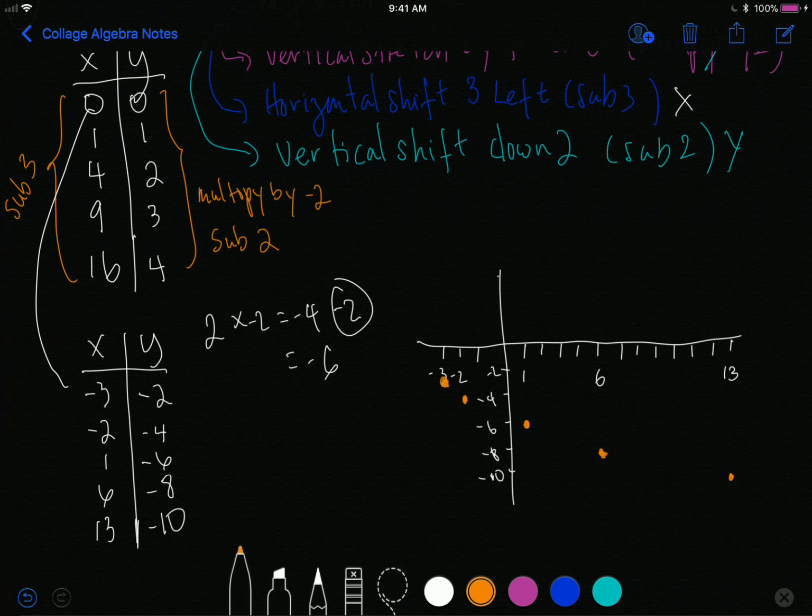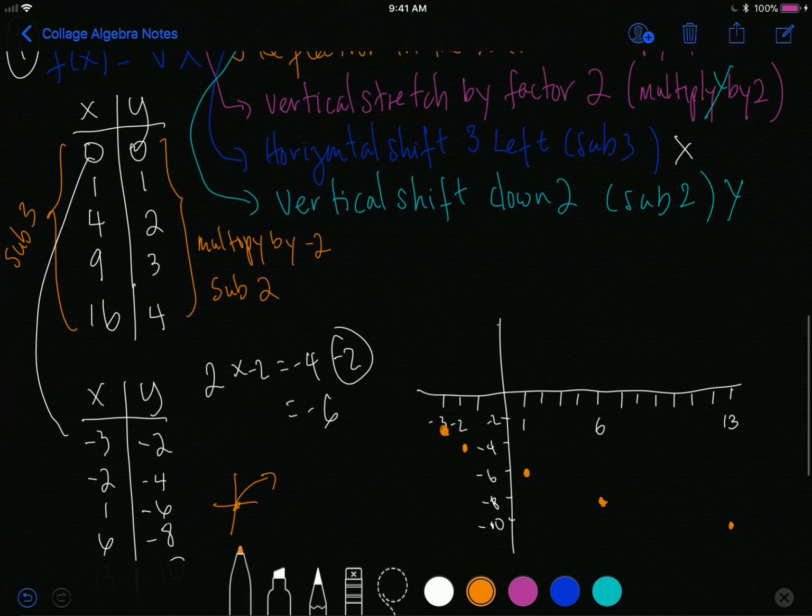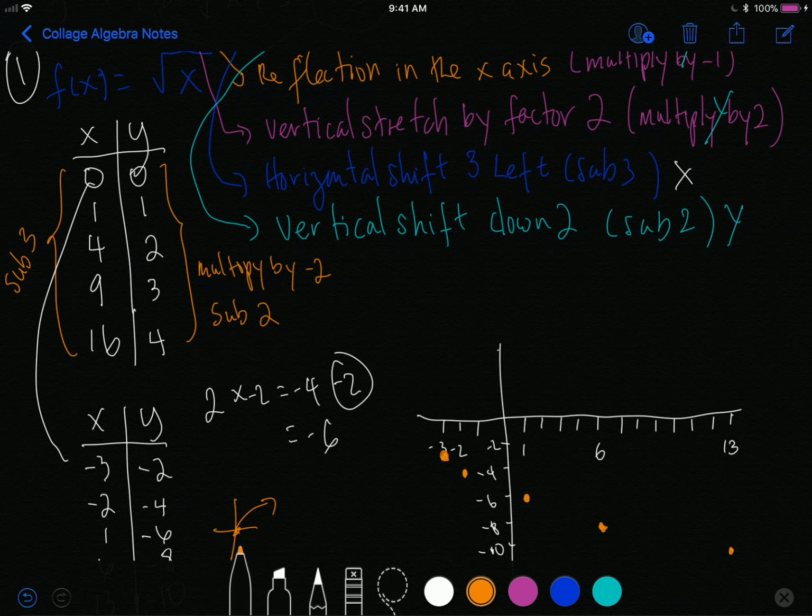Remembering that the square root of x graph kind of looks like this. It's a half graph. That's from the origin. But now the graph is upside down because it has been reflected. It has been shifted 2 units down and 3 units to the left.